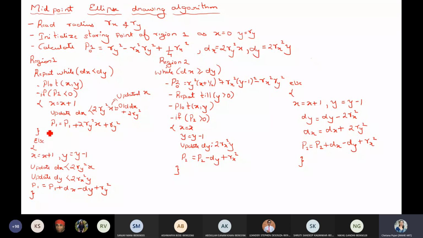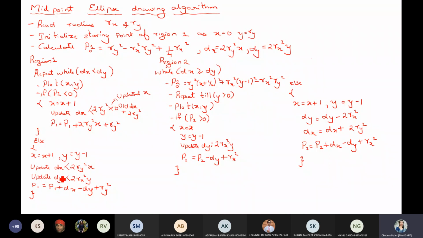Next, else condition, when your decision parameter is greater than or equal to 0, x value we are incrementing and y value we are decrementing, which means your midpoint is near to y minus 1. Okay, and in this case, because both x and y value have changed, you need to calculate dx and dy.